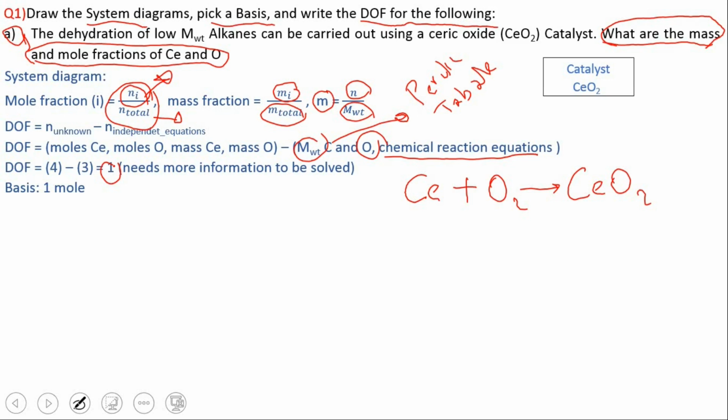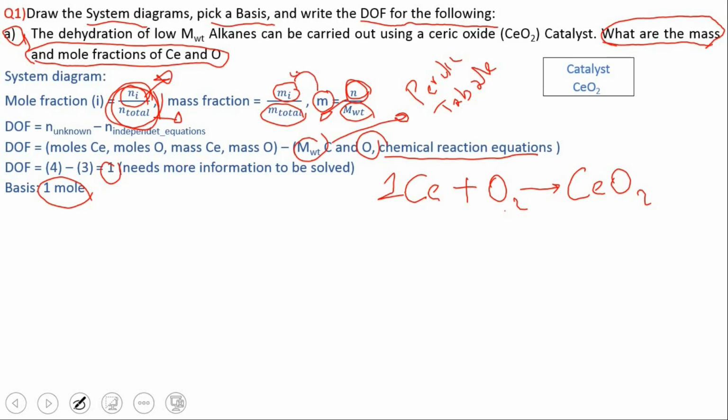So the basis is 1 mole, because if we pick a basis of 1 mole of Ce, we can get the number of moles of O2. Then we can get the mole fraction, and also we can transfer from moles to mass, and then we can get the mass fraction.